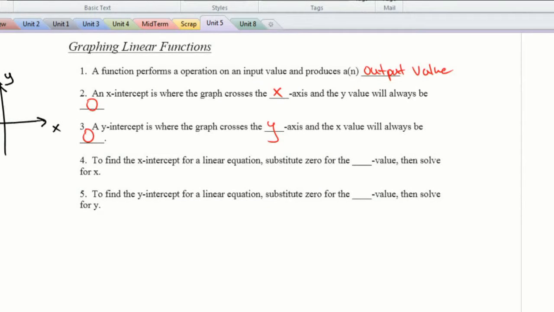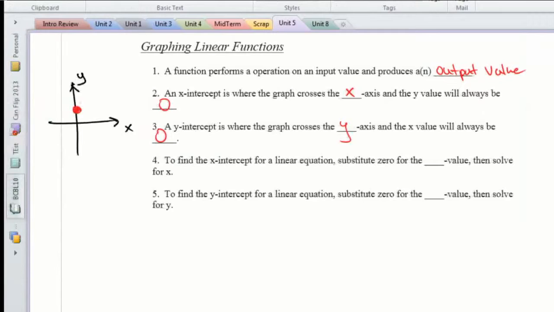If I had some point, let's say it's on the y-axis, I haven't gone away from the y-axis to have an x value. So all of my x values on this particular point are always going to be 0 for x, and then my y value is going to be whatever it is.